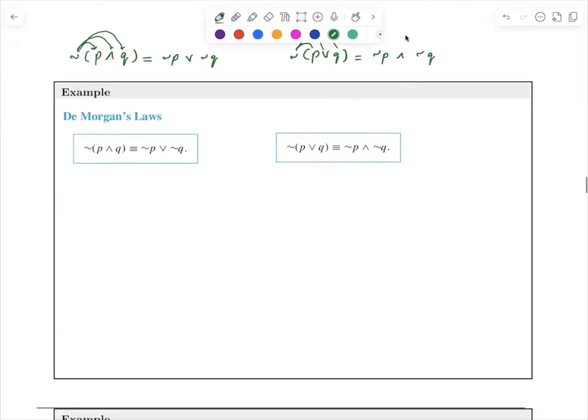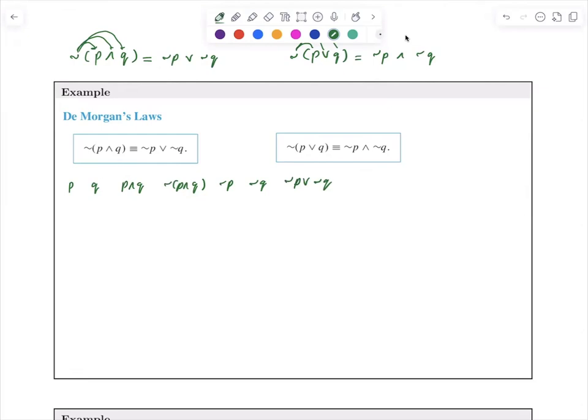As I mentioned before, we can use a table to prove these statements. For example, here you have P and then Q, P and Q, not (P and Q), and then not P, not Q, not P or not Q. Then you can build the rest of these statements and check the second statement as well.